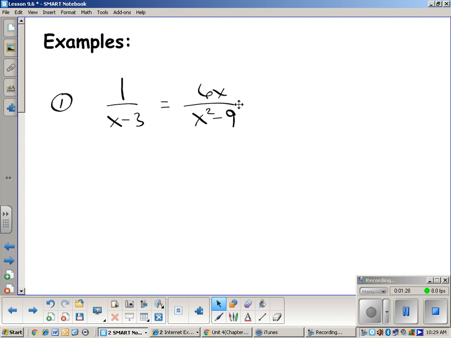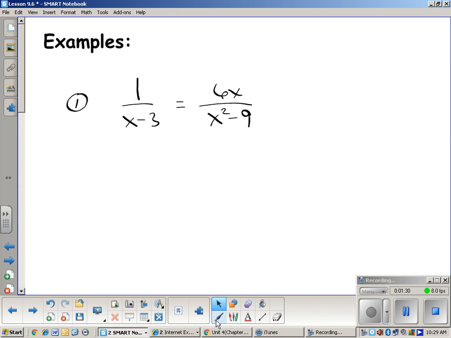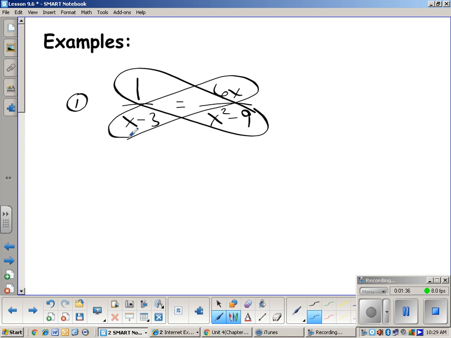Let's get a marker. So it's 1 times x minus 9 and 6x times x minus 3. Make sure, though, when you do this, you put in parentheses. You have binomials going on. You need to multiply by other monomials or binomials, so you need to use parentheses.